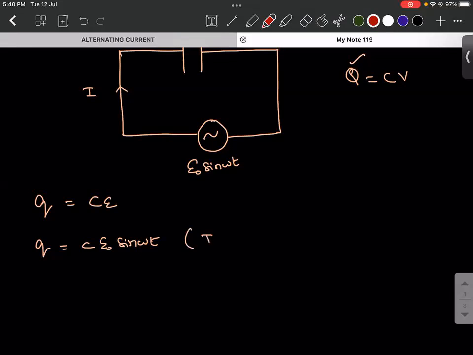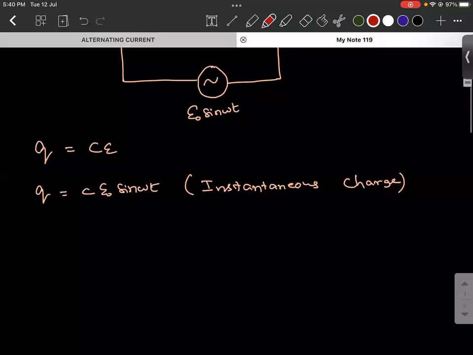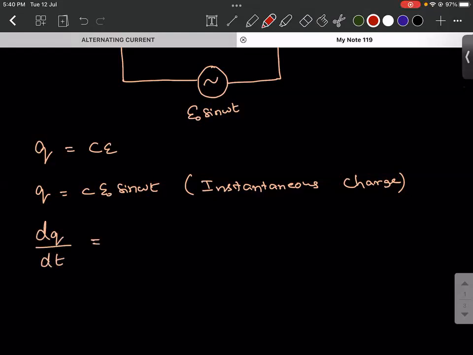This I can call the instantaneous charge. Then if I differentiate on both sides, dq by dt gives you C times E naught into, what is the derivative of sine omega t?